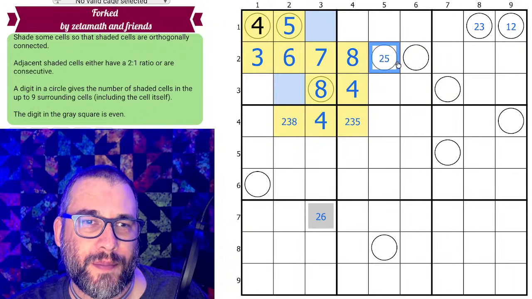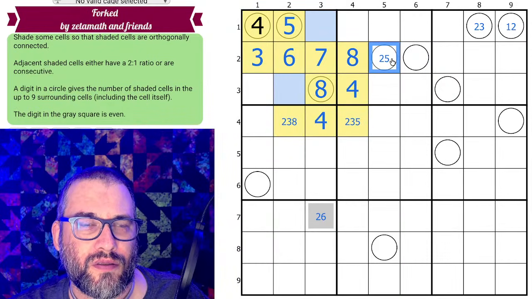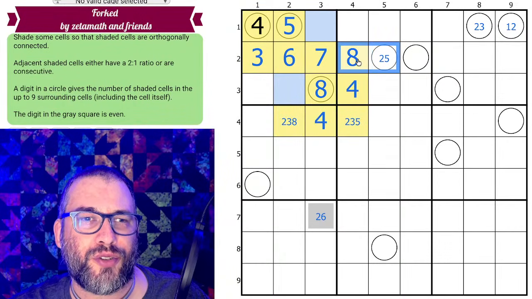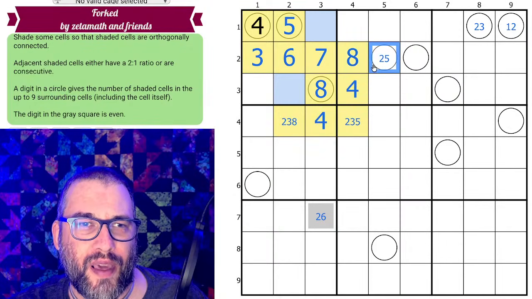Okay. Do we know anything about this? 2 and 5, good point. 2 and 5 don't have a relationship with 8, so this is unshaded.